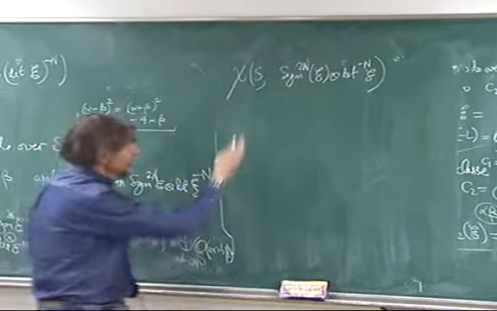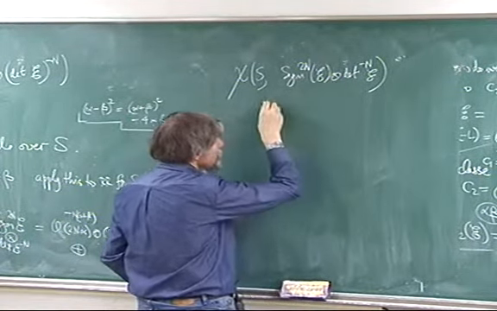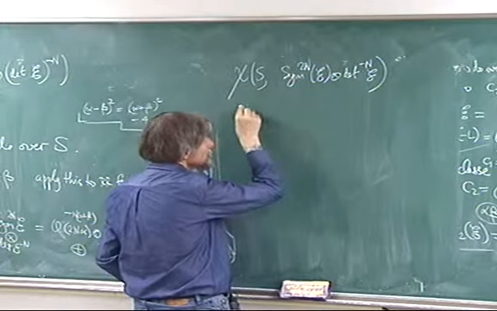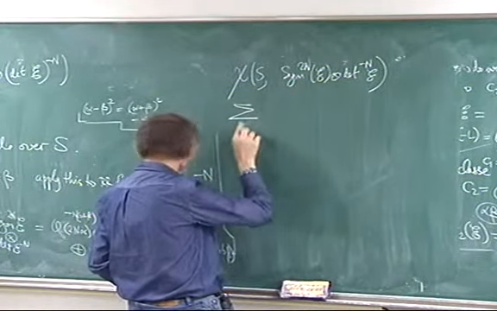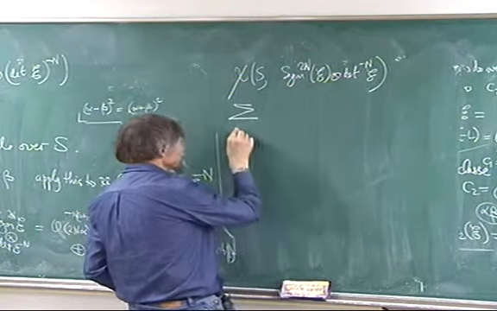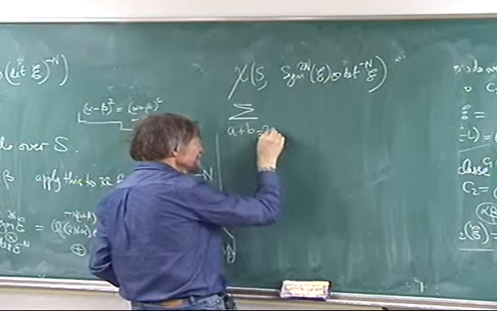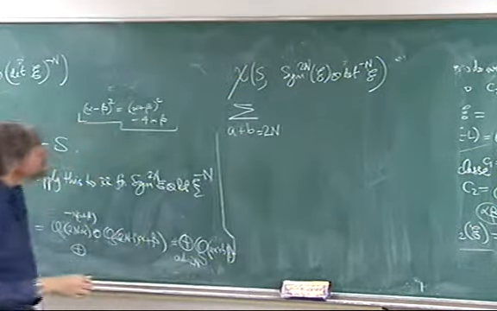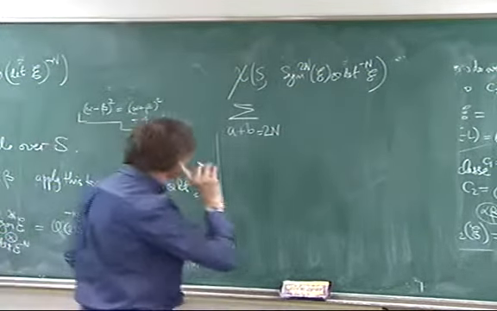So this is chi of something which we can pretend is a direct sum of line bundles. So this is the direct sum, as I did before, over A plus B equals 2n. And so what am I going to get?